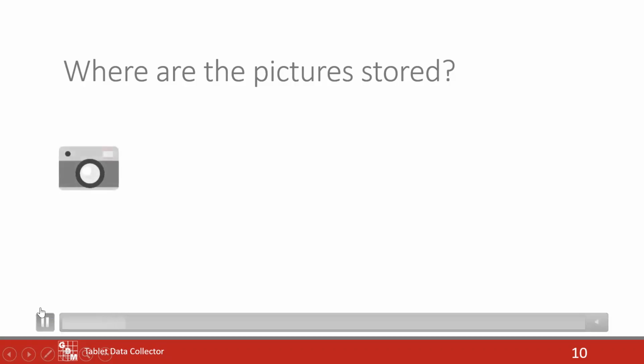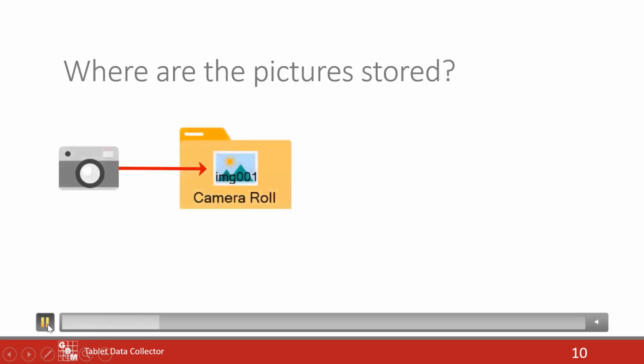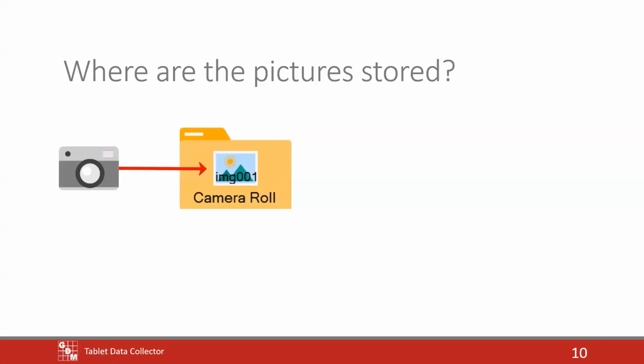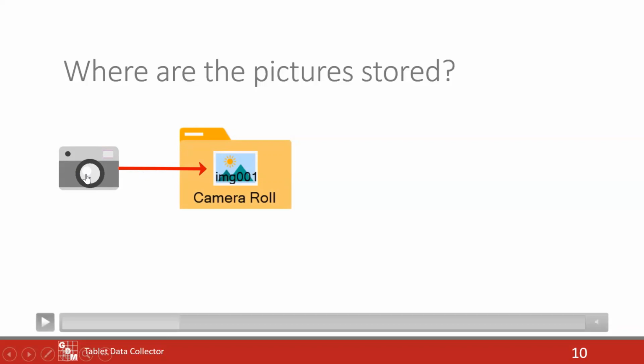This is a kind of a demonstration on your pictures. What you do, you use the Windows Camera app. ARM doesn't have a built-in camera, but just use the app that's on your device to take a picture. And of course, then that picture shows up in the camera roll folder on your device.